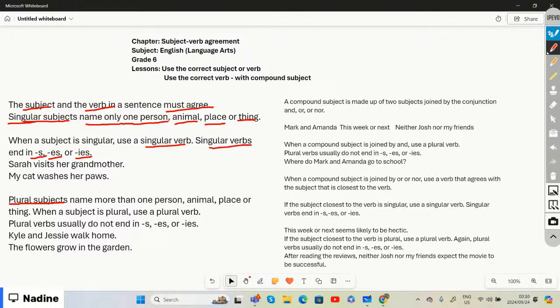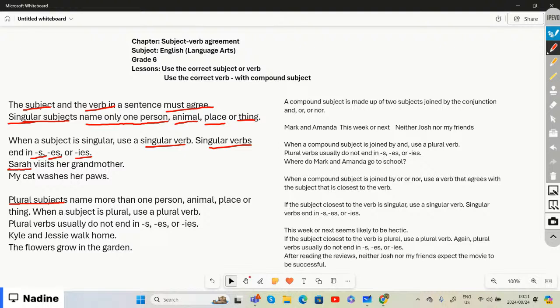And if we look at an example of a singular subject with a singular verb, the sentence says, Sarah. Sarah is one person, so I'm going to underline Sarah.